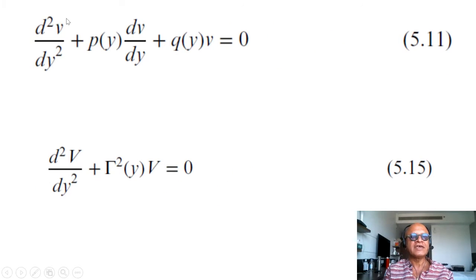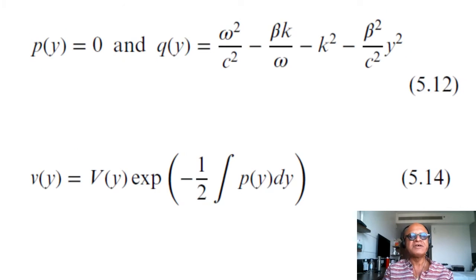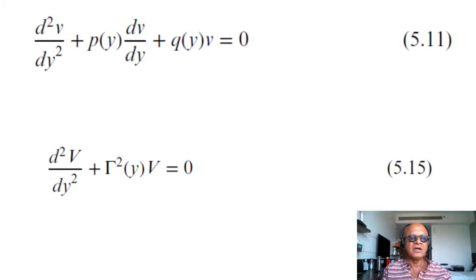So for the full case you end up with this equation, and you can write that as d squared v dy squared plus this capital gamma squared as a function of y times v, where gamma is the refractive coefficient.